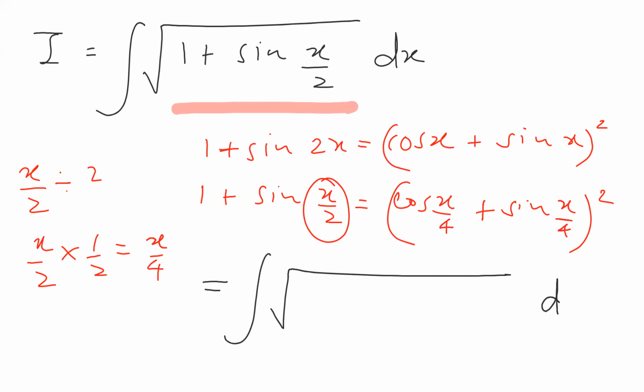Root of cos x by 4 plus sine x by 4 the whole square. Now the root and square will get cancelled.